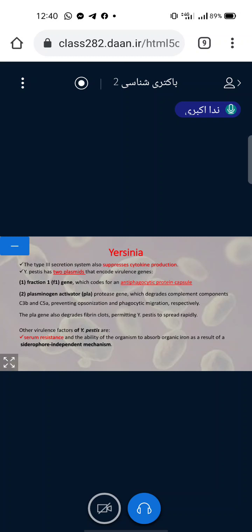Number 1, fraction 1 or F1 gene, which codes for an antiphagocytic protein capsule, and number 2, plasminogen activator PLA protease gene, which degrades complement component C3b and C5a, thereby preventing opsonization and phagocytic migration, respectively.